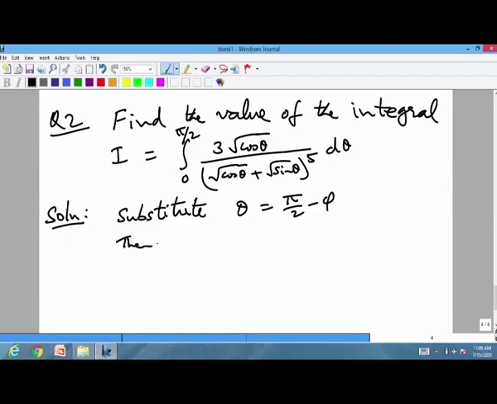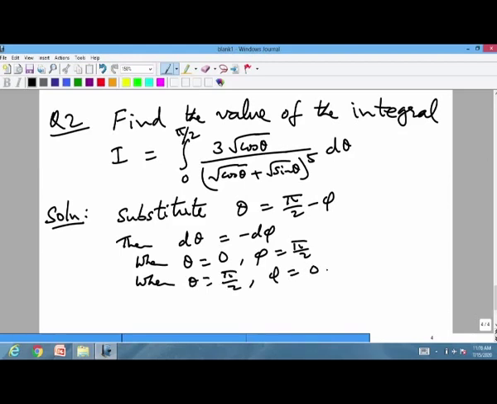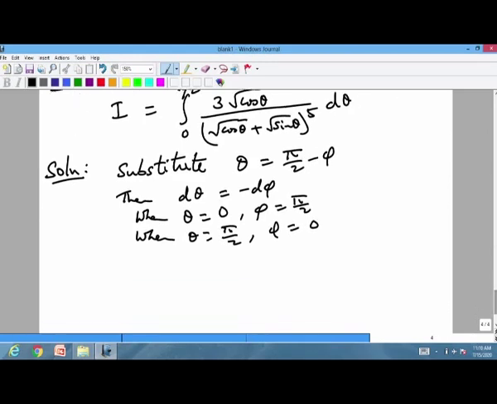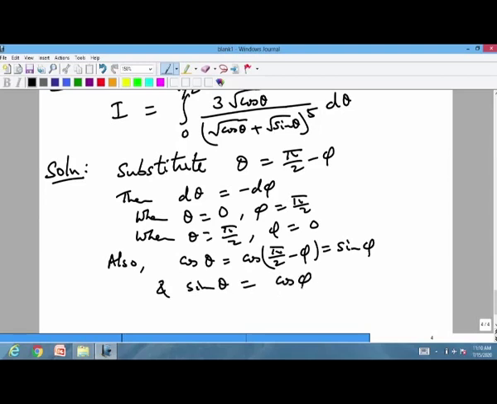So, then d theta is equal to minus d phi, and when theta is equal to 0, phi is pi by 2, when theta is pi by 2, phi is equal to 0. Also, cos theta is equal to cos of pi by 2 minus phi, which is equal to sin phi, and sin theta is equal to cos phi.